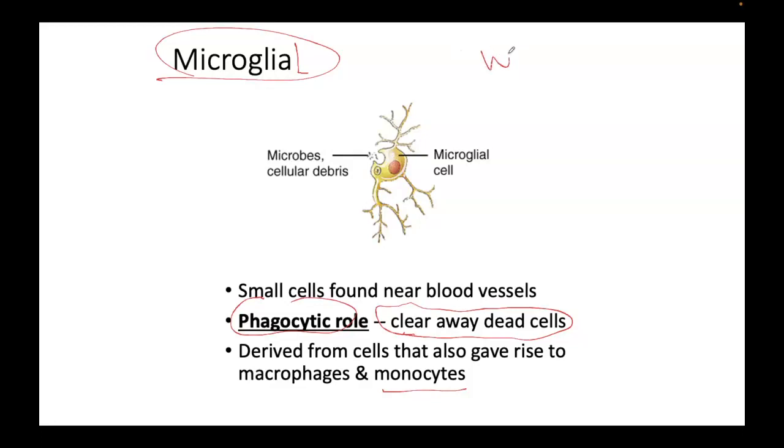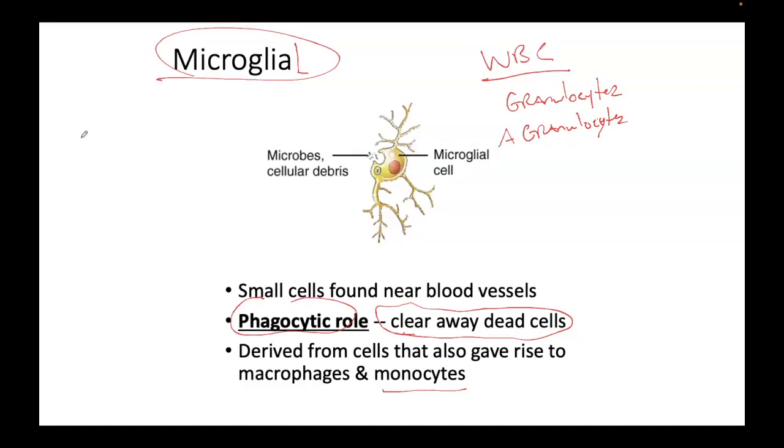When we look at white blood cells, we have granular cells or granulocytes, and then we have agranulocytes.